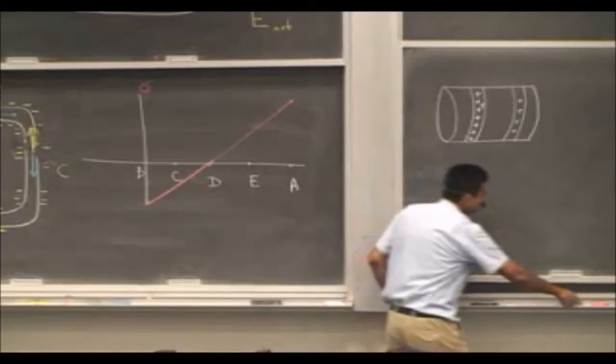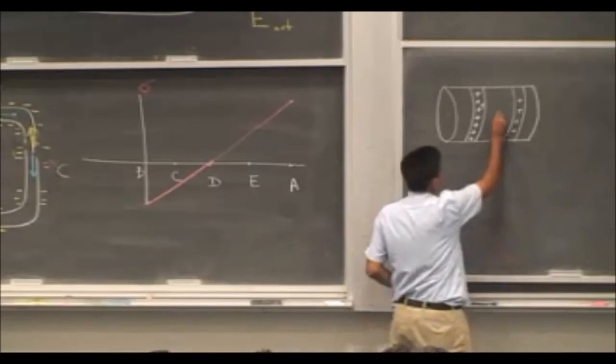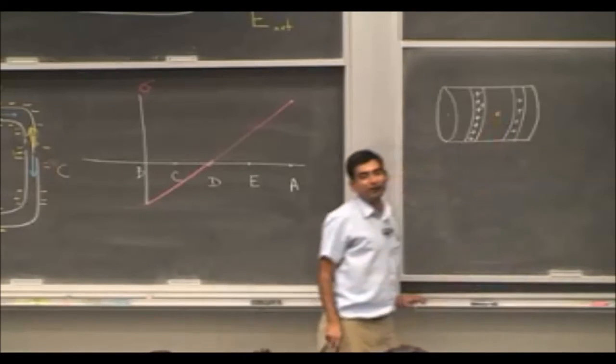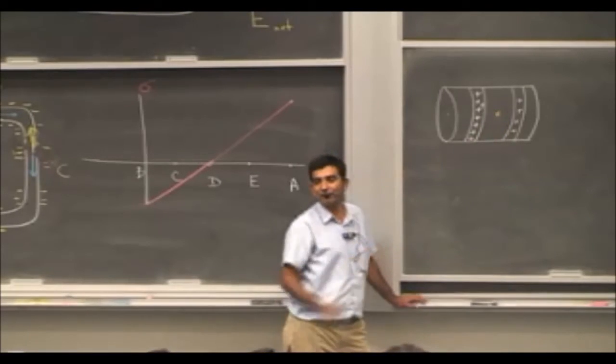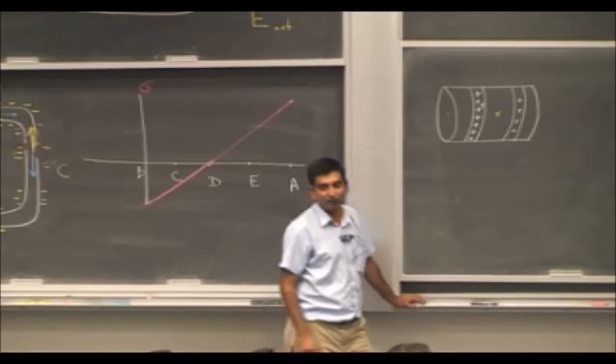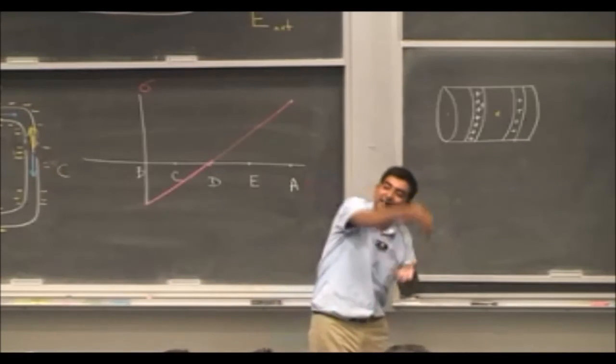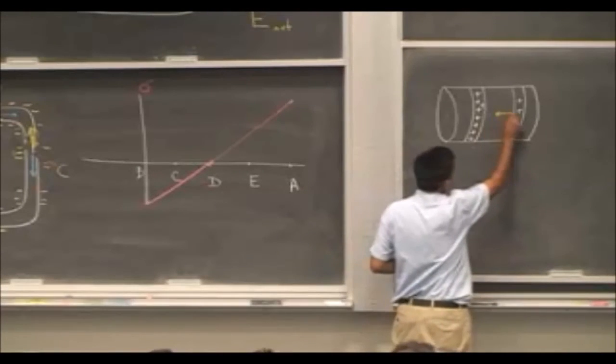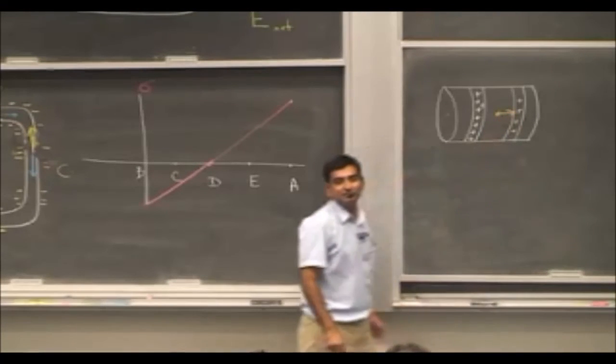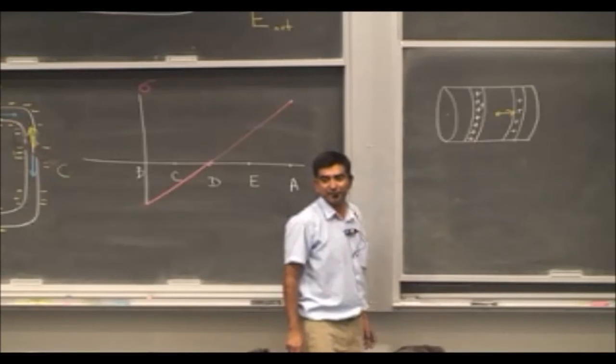So along the length of the conductor, say at the middle point, what direction would the electric field point in? From left to right or from right to left? From left to right. So inside the conductor, in the interior of the conductor, there is going to be an electric field pointing in this direction. Okay?